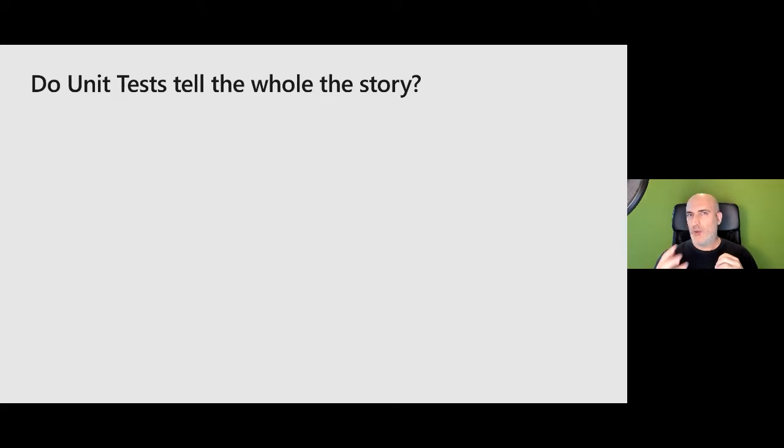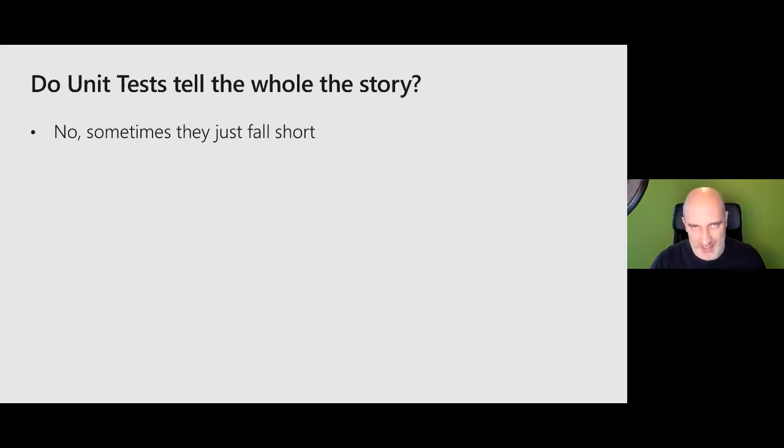Because I've always had the feeling that unit tests don't tell you the whole story, right? Sometimes you have a feature with 200 unit tests around it, and yet it fails in production. You have bugs. So sometimes they just fall short on representing the reality.